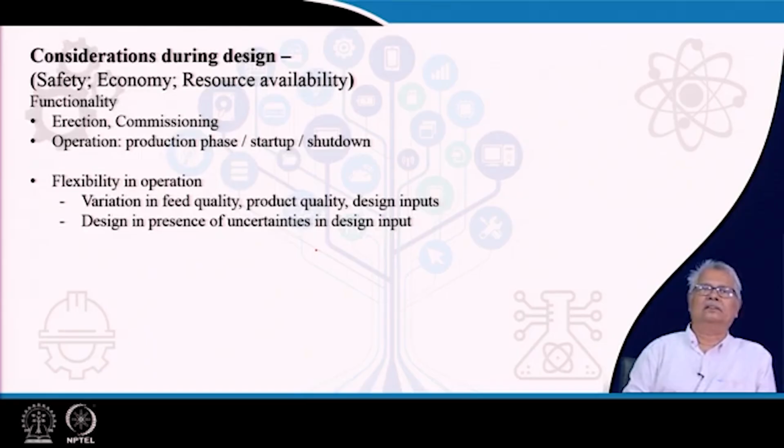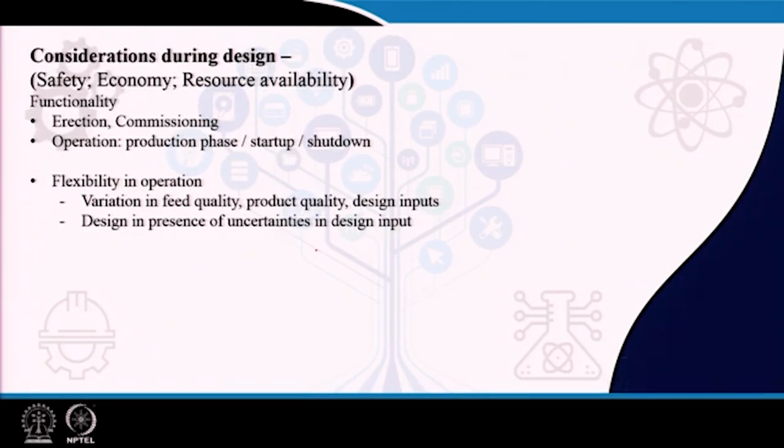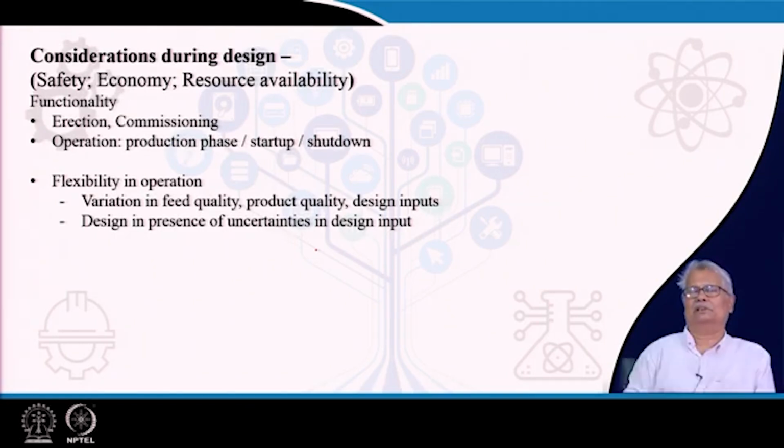Then the basic considerations during the design for the designer are safety, economy and the resource availability. The functionality that the design has to cater are during erection, commissioning and the operation, which includes the production phase, startup and shutdown. There is one more thing which is very important, the flexibility in the operation of the design that is finally realized.